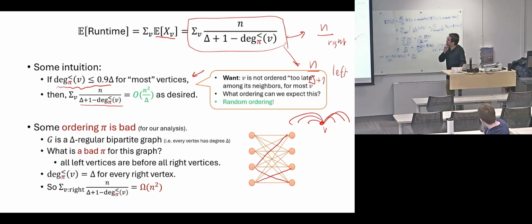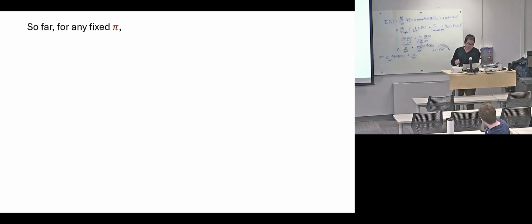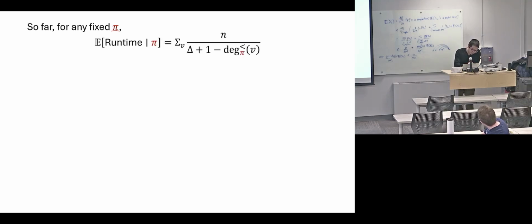Okay, so let's try to analyze this when the order is also random. So far we have that if we fix some order pi, the running time given that the order is pi is just this. We have seen this. But now we put more randomness into the algorithm.